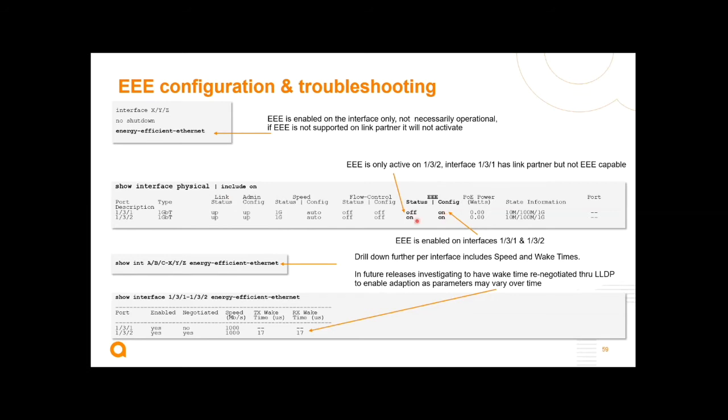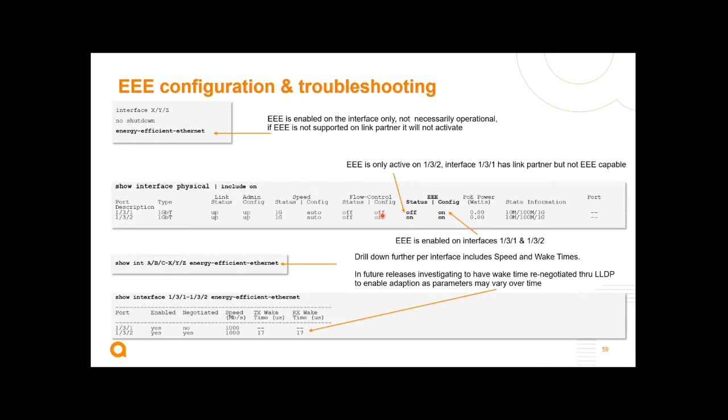However, you can also see that one of the ports, 1/3/2, actually has it on and it's negotiated. It's the status of EEE capable, and here the other port, it's off. So I've enabled it, but it hasn't negotiated it. It could be one of two things. It could be that the endpoint doesn't support it, or I've put EEE on after I've negotiated my link.